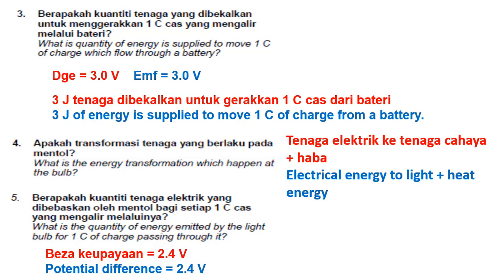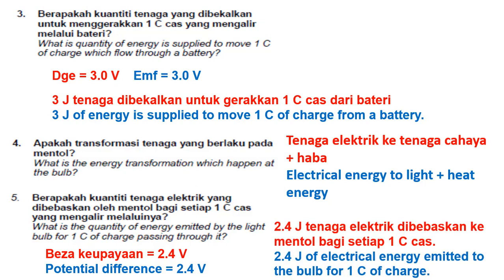Supposedly it must receive the same thing, right? 3 joule, but it only receives 2.4 joule per coulomb. So where is the other 0.6 joule per coulomb? Okay, we will discuss later on. So 2.4 joule of electrical energy is emitted by the bulb for 1 coulomb of charge, right?